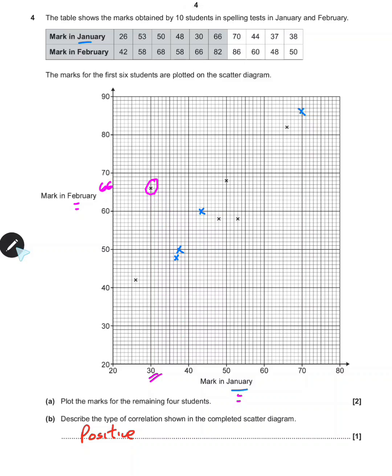And part D on the next page says work out the percentage change for this student. So percentage change, what we need is the actual change, the difference. We just said we went from 30 to 66, so the change is 36. They increased by 36 marks. To get percentage change, I'm going to do that change, 36, out of the original.